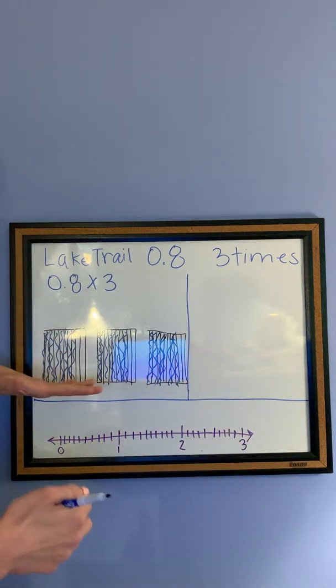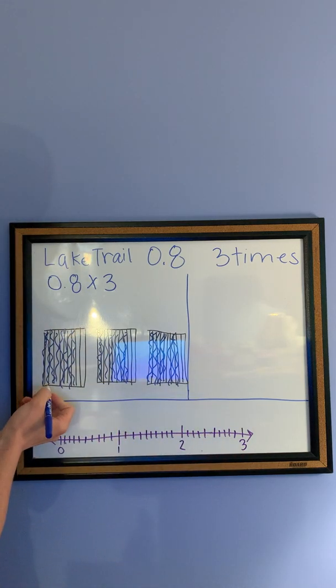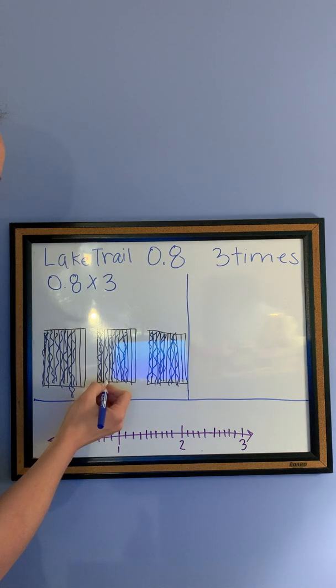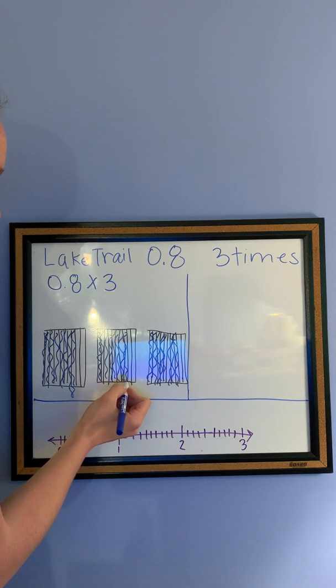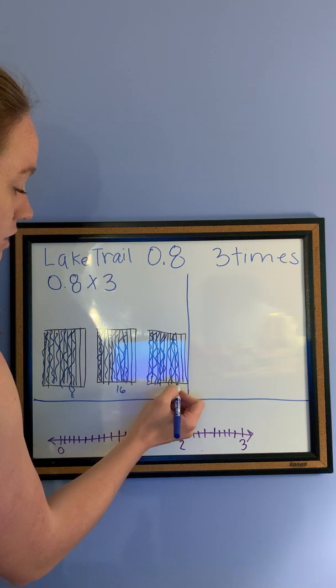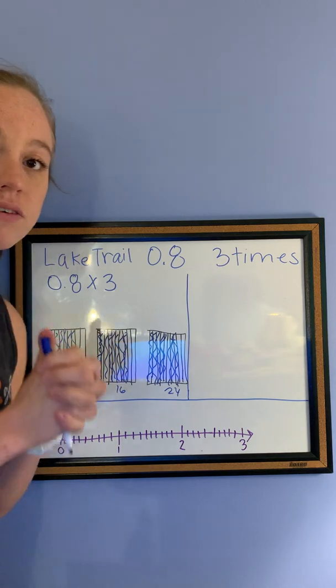Okay, so now I can count up all of those tenths that I just ran, right? I can say 1, 2, 3, all the way up to 24. So I ran 24 tenths of a mile.